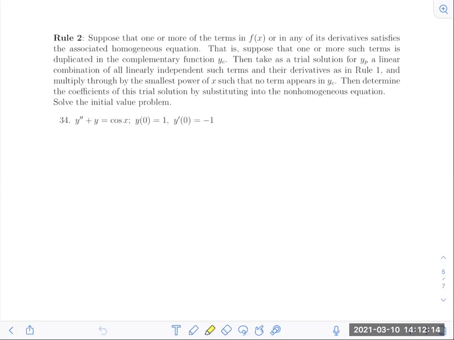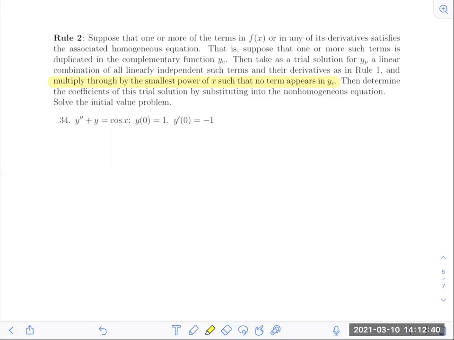Let me highlight the end of that. This is what's new: multiply through by the smallest power of x so that no such term appears in y sub c. The idea is that by multiplying by a power of x, we're taking care of the duplication. This should seem familiar from section 3.3 when we had repeated real roots.